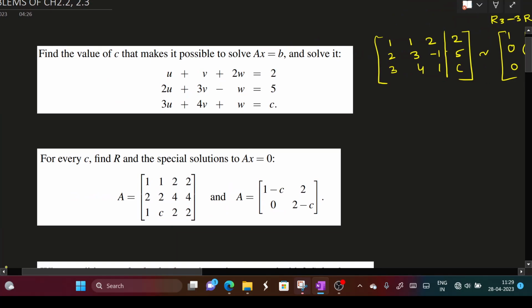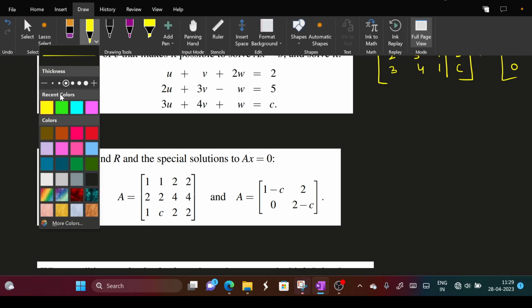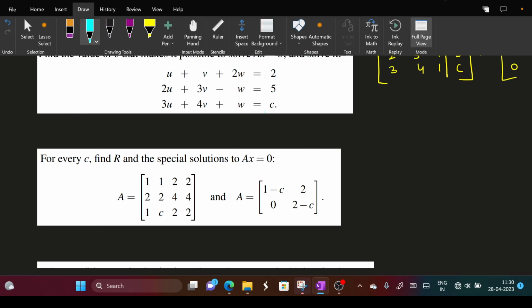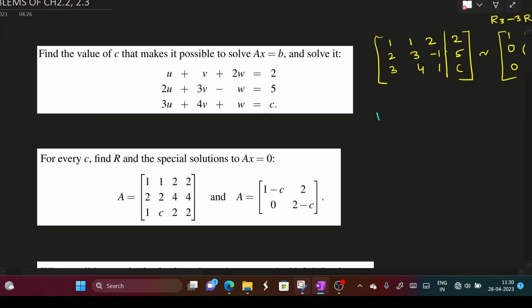For every c, find the special solutions of the system Ax equal to 0. Here again we will use this space, but because the question is changing, we'll change the color to avoid confusion. So the matrix is 1, 1, 2, 2; 2, 2, 4, 4; 1, c, 2, 2.